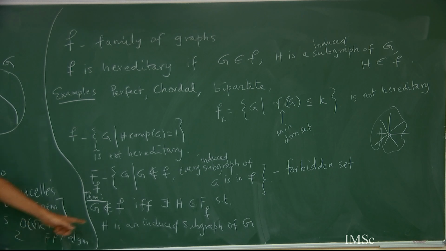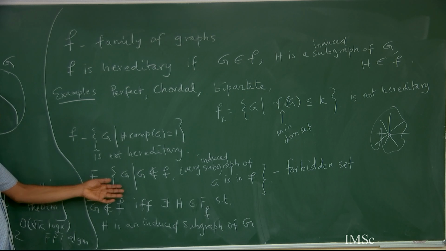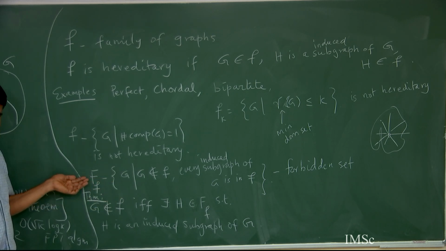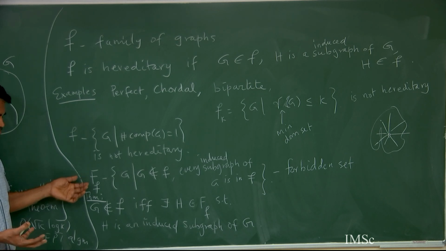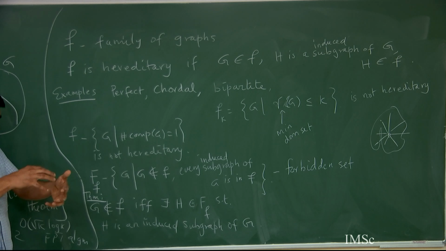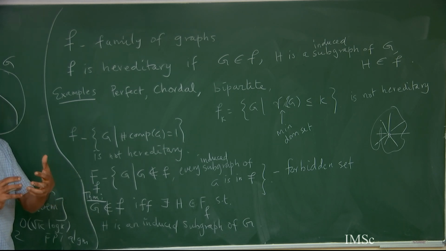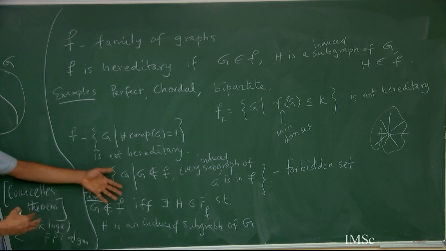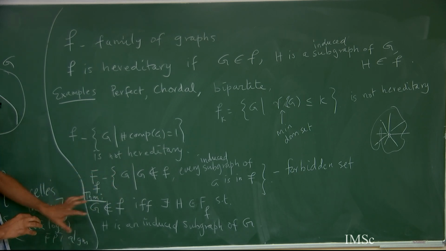So, if there is some H that is an induced subgraph, then G is not in F. Conversely, if G is not in F, it must be in this forbidden set, unless it is not minimal. That means you can pull out a minimal non-member subgraph from G, so there exists an H in the forbidden set. Okay, this is a nice little theorem.